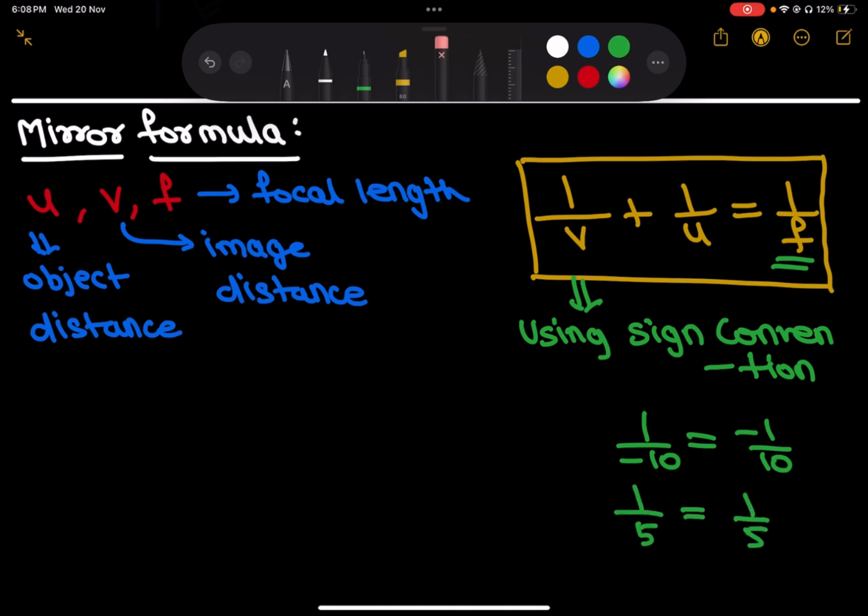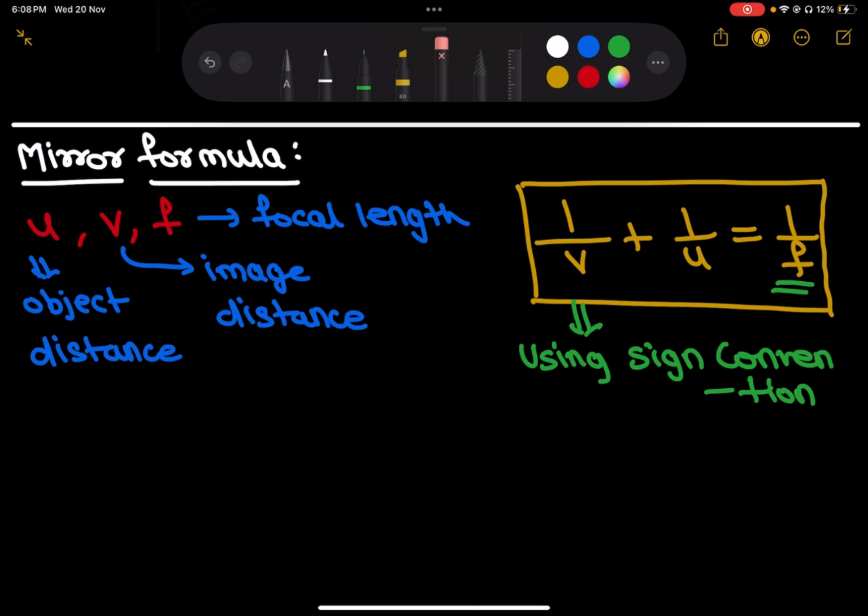Understood? So this was one example. We'll see problems later, but for now just understand this much. So this is the mirror formula. It is valid for all situations of spherical mirrors, for all positions of the object, no exceptions. Understood?